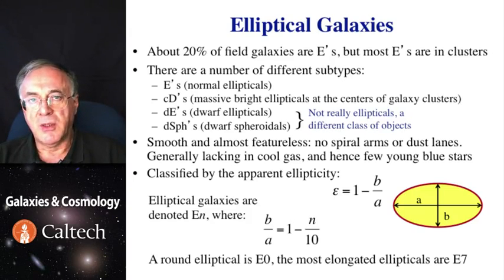Hubble classified them according to the apparent ellipticity projected on sky, having no other physical properties to use. And subsequently, there were subcategories of ellipticals based on their luminosity. This time, giant ellipticals, central dominant galaxies in clusters, dwarf ellipticals, and so-called dwarf spheroidals, which actually are a completely different family of galaxies, but more about that later.